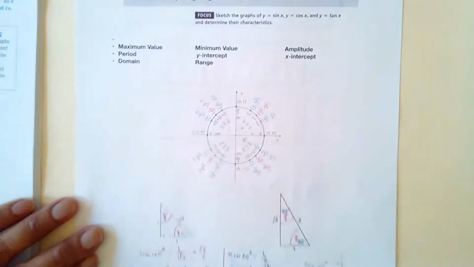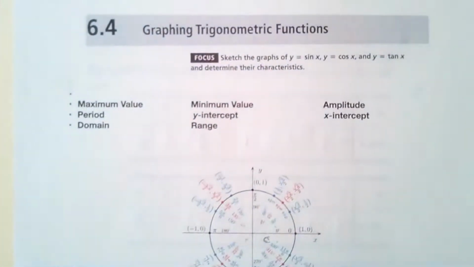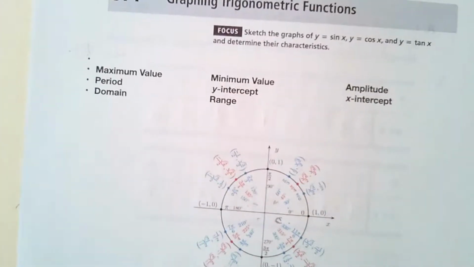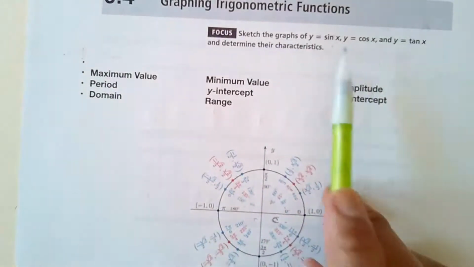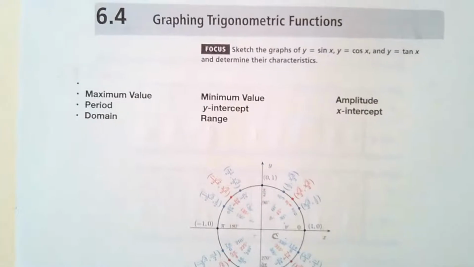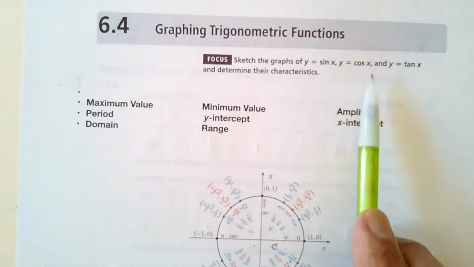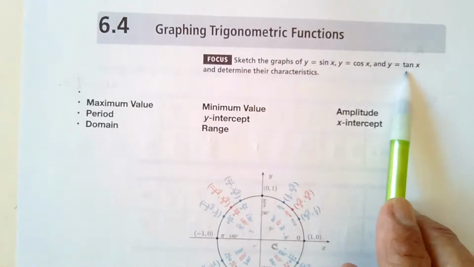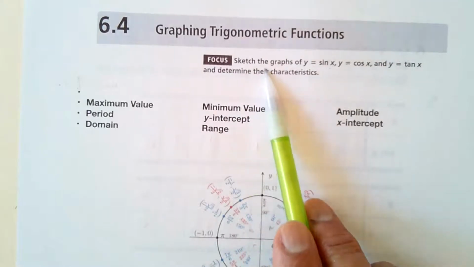So to conclude, our goal today was to sketch a graph of y equals sine x, y equals cos x, and y equals tan x, and determine its characteristics.